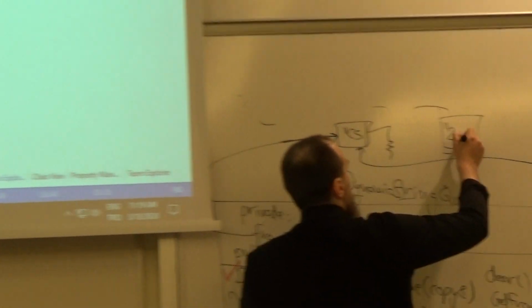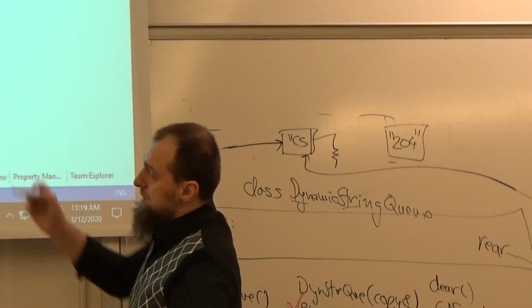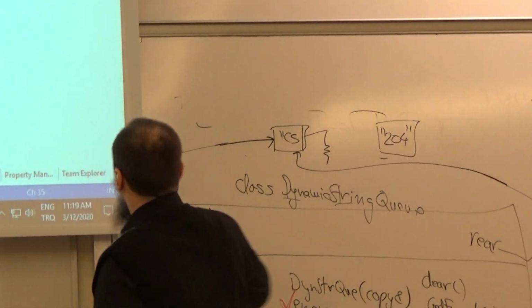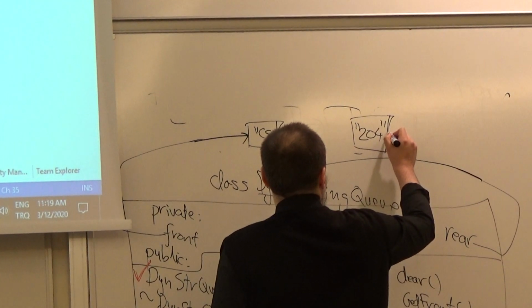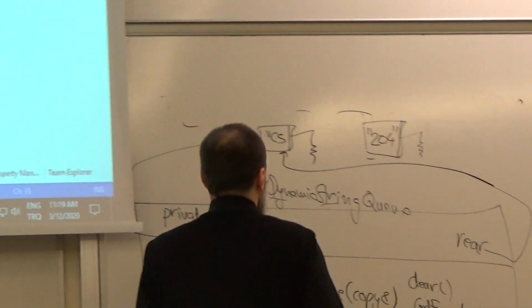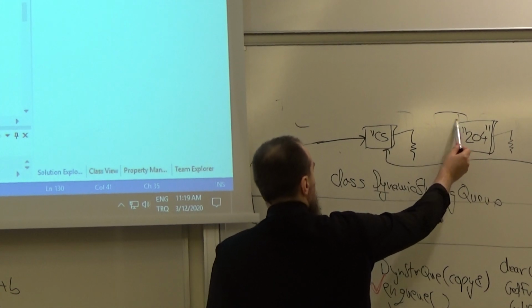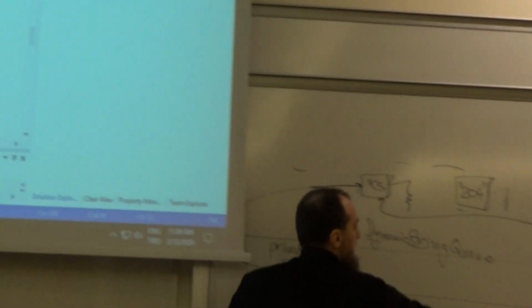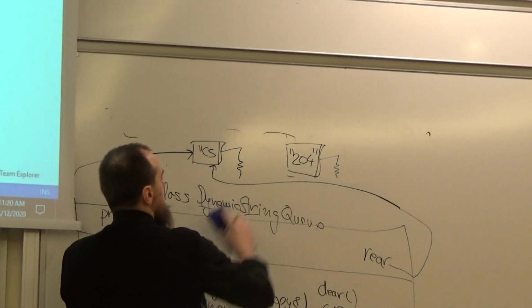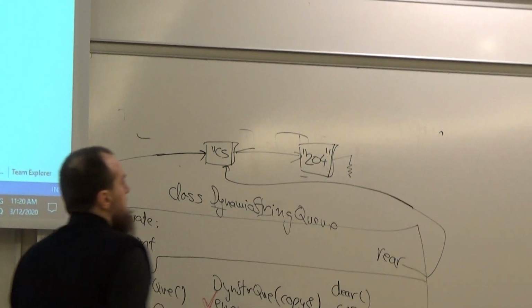The element value is 204. Since we didn't pass any argument for the pointer, automatically by default it's null. And then the new command returns the address of this node, and we assign that address to rear next. So this is my rear. Rear next is equal to this node. So this is how we add elements into the queue.